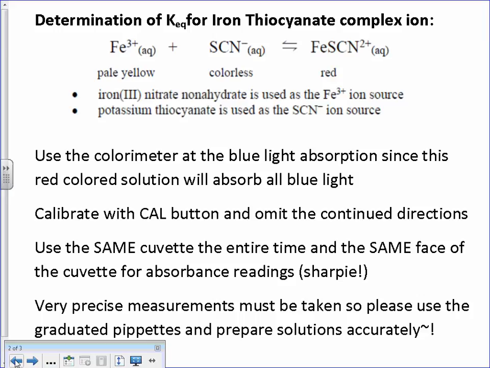Come grab a calculator and a handful of volumetric flasks. Grab 4 volumetric flasks.